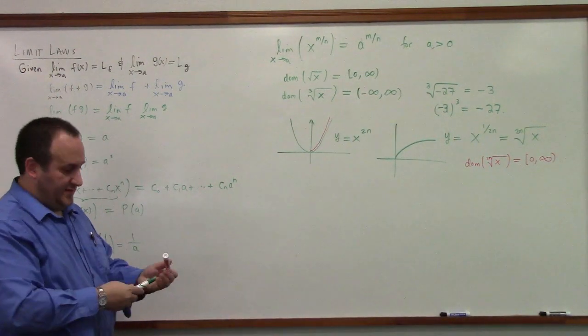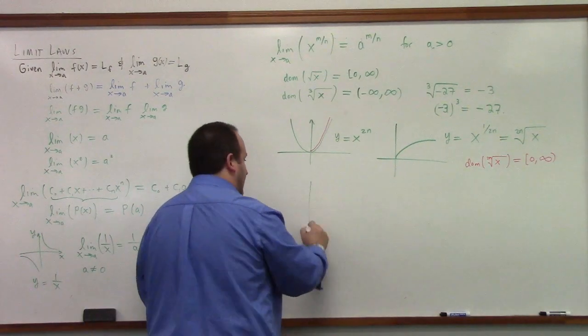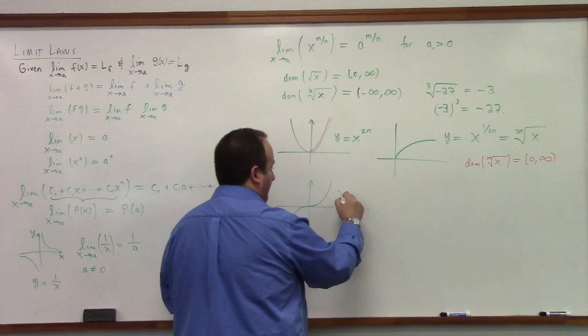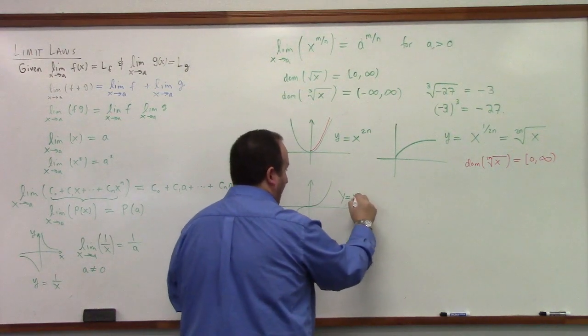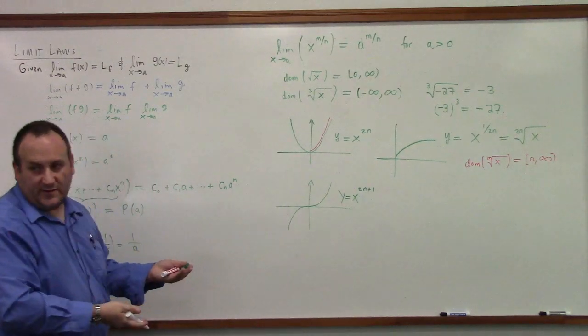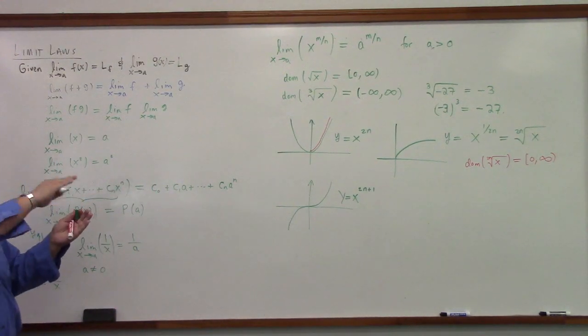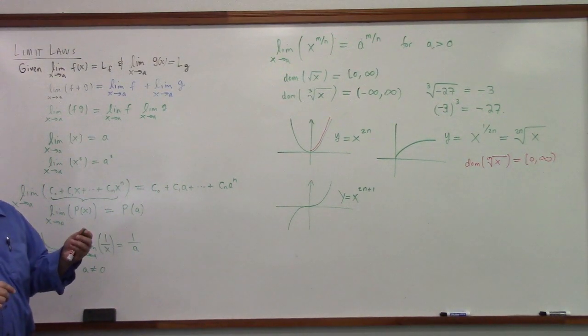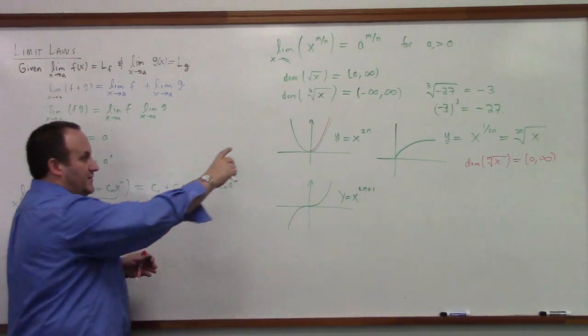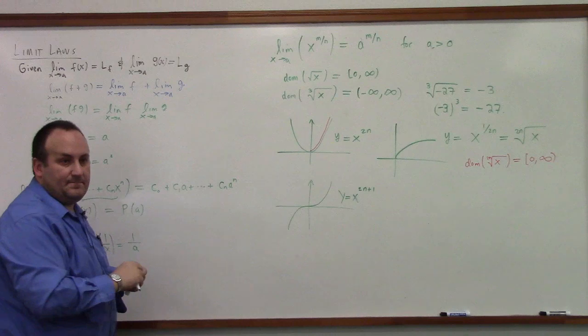But in contrast, there's a big difference. If we look at x to the odd power, it does pass the one-to-one test. It passes the horizontal line test without restriction. So we can talk about the inverse function for an odd power without restricting it down like that.